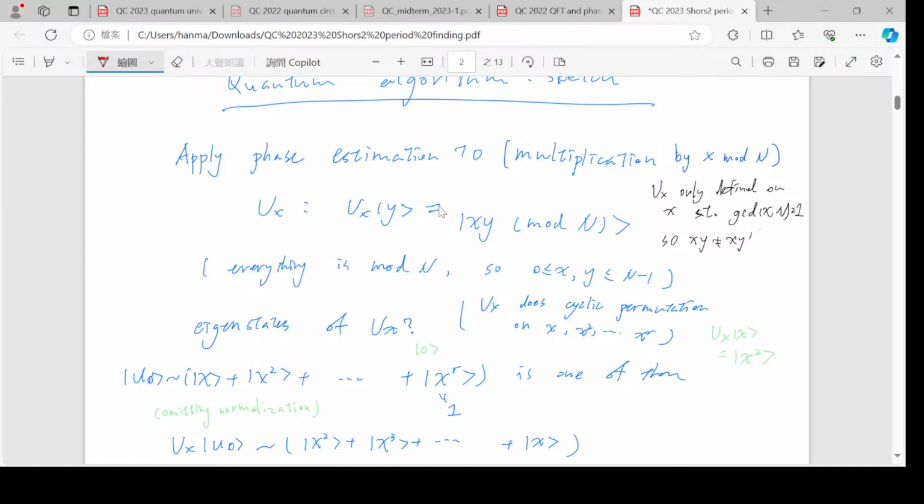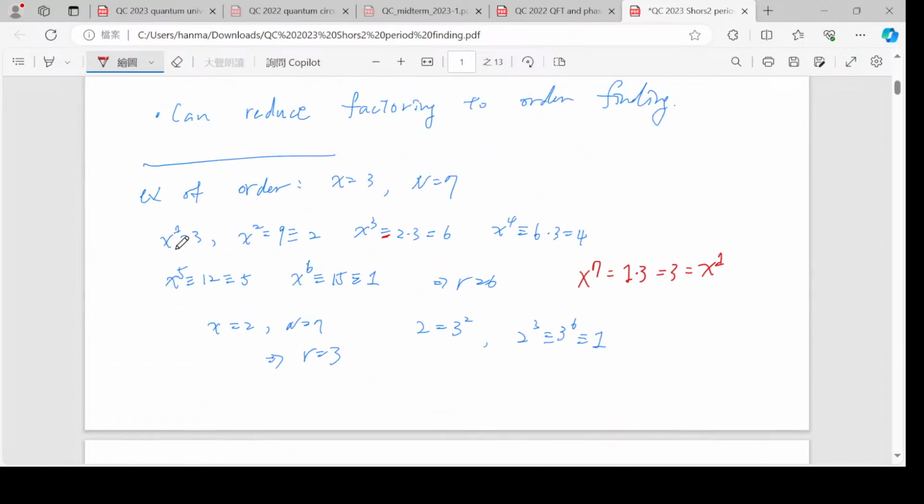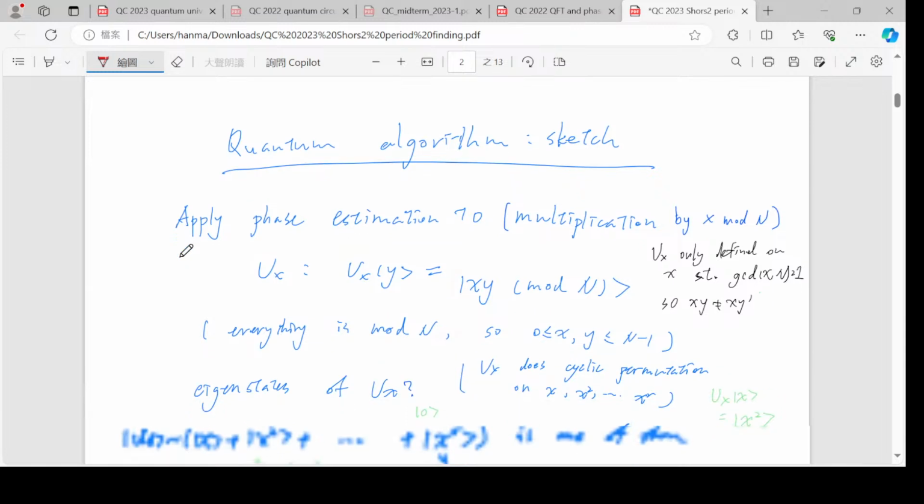So this thing, sorry, let me think a little. Okay, that's a good one for now. I think this should be fine. UX.